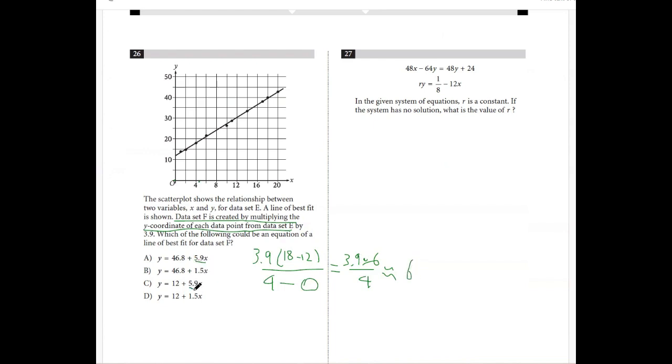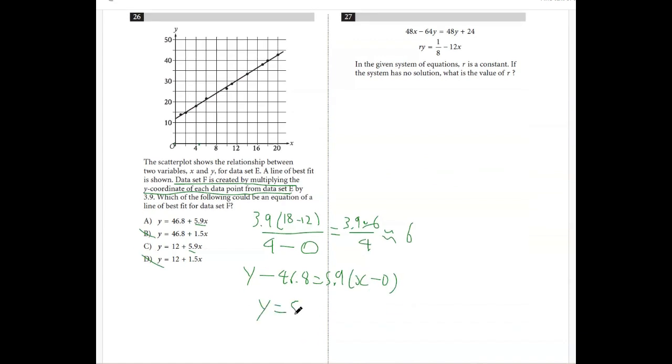Since 5.9 is a close value to 6, we can assume the slope is 5.9. So B and D are wrong immediately. And 12 times 3.9 is approximately 46.8. So we know that the y-intercept is 46.8. So A is the correct answer choice.